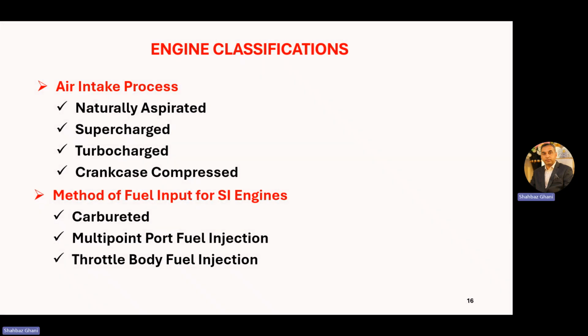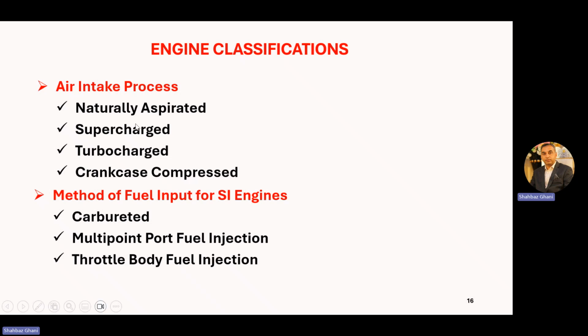Now, with respect to the air intake process, we can further classify the engines. First one is the naturally aspirated engine. In a naturally aspirated engine, if the piston in the intake stroke moves from TDC to BDC, top dead center to bottom dead center, there is a suction and air from the atmosphere naturally rushes in to fill that vacuum.